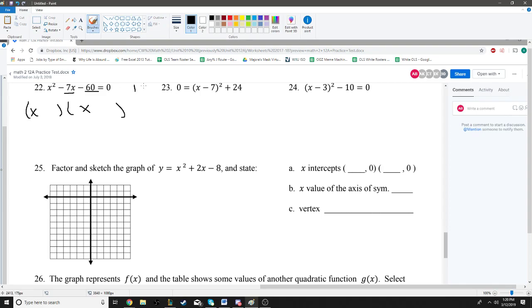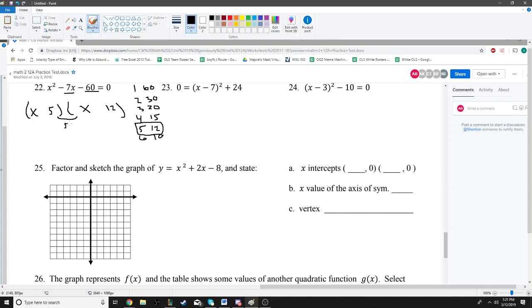We have 1 and 60, 2 and 30, 3 and 20, 4 and 15, 5 and 12, 6 and 10. Those are all the ways that you could possibly multiply to get 60. And it looks like 5 and 12, our combination of them, is going to be our answer. So we're going to have a 5 and a 12.